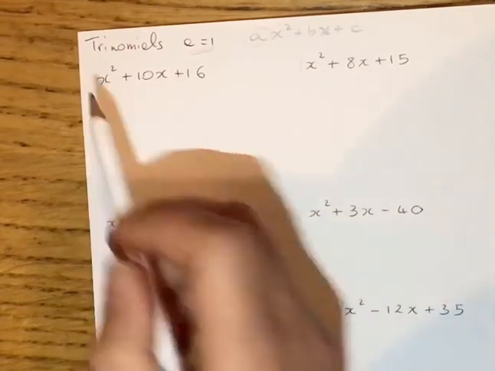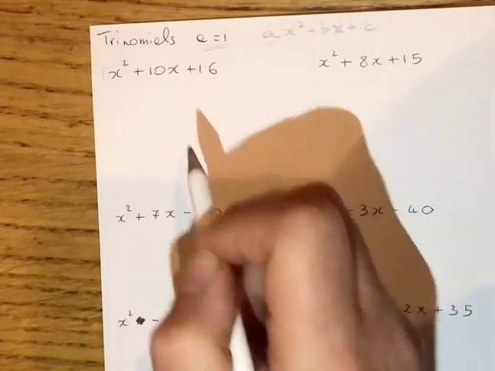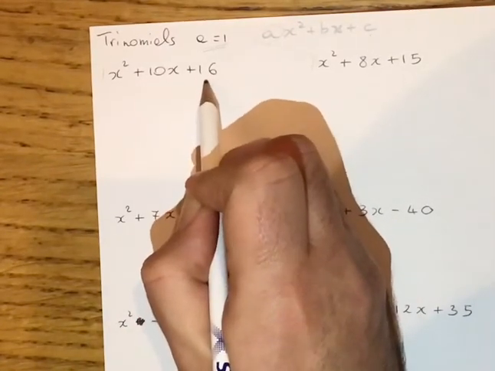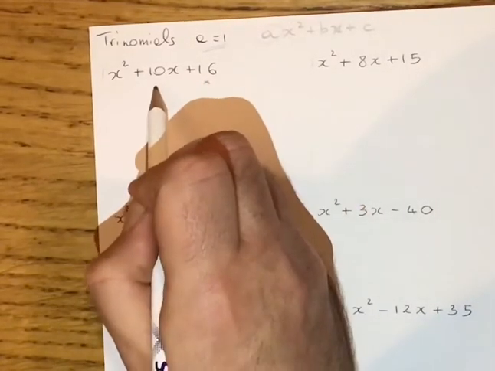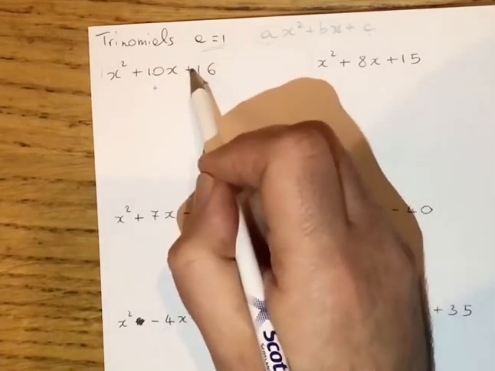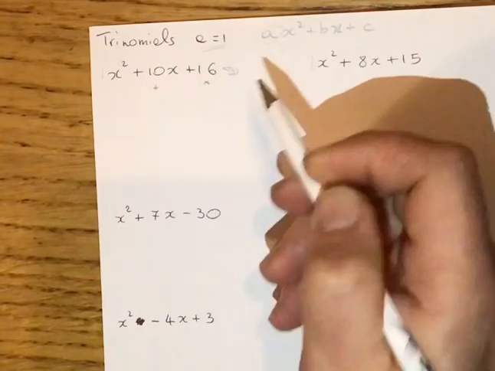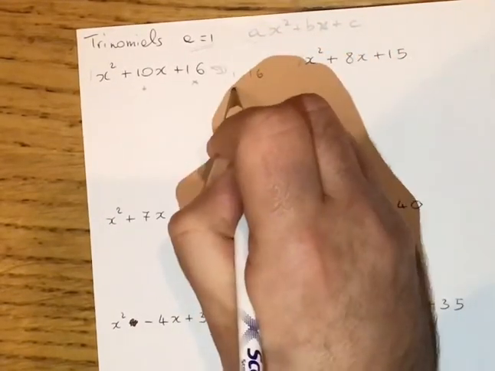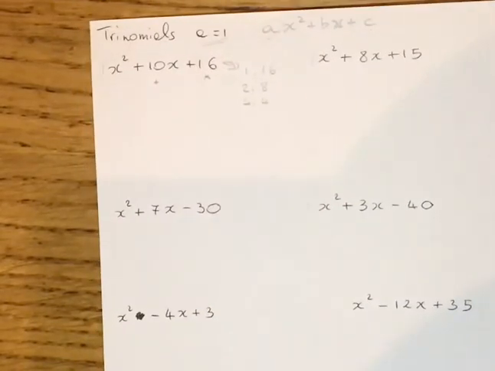When there is 1 in front of x squared, what we need to do is find two numbers that multiplied together give you the number on its own, and the same two numbers added together give the number in front of x. So if we look at all the options that multiplied together give you 16, the options are 1 and 16, 2 and 8, and 4 and 4.